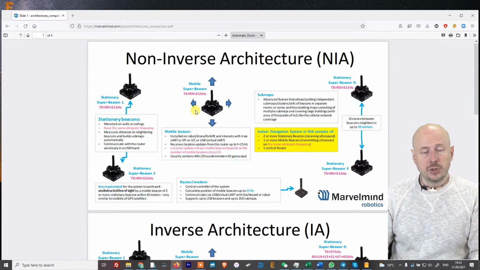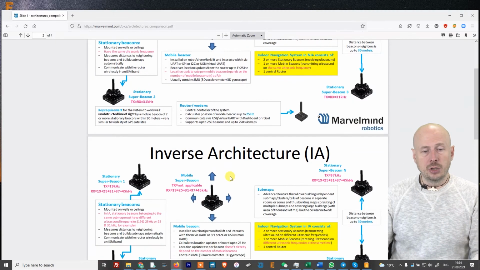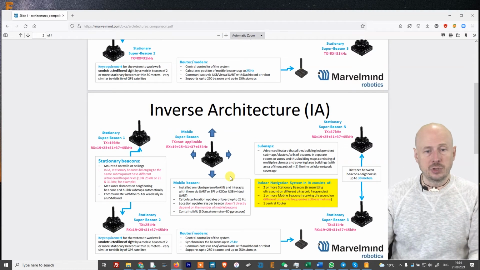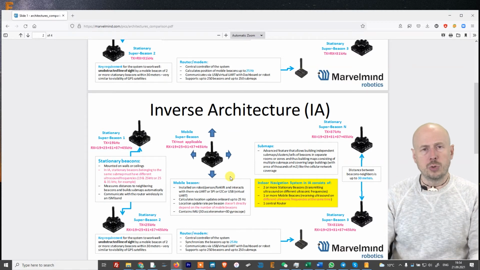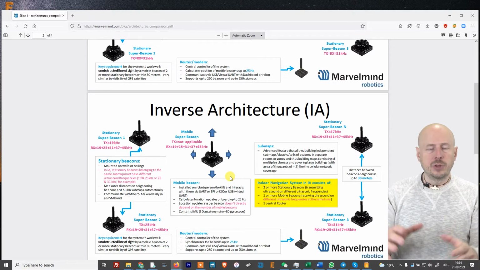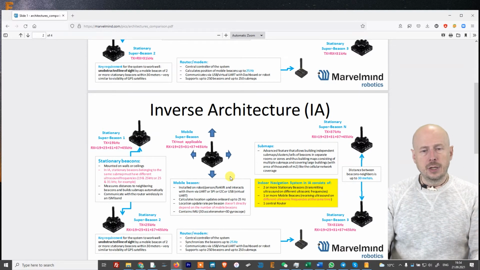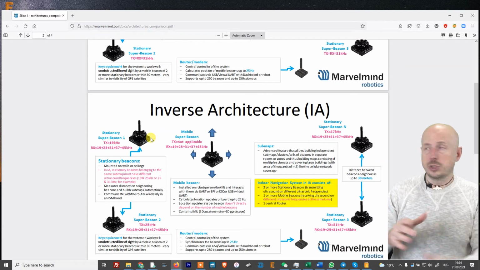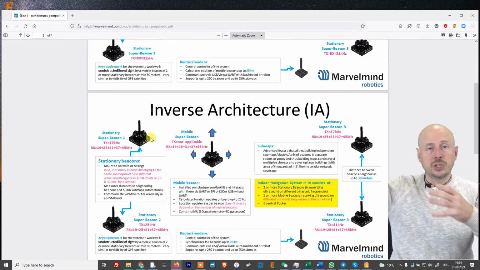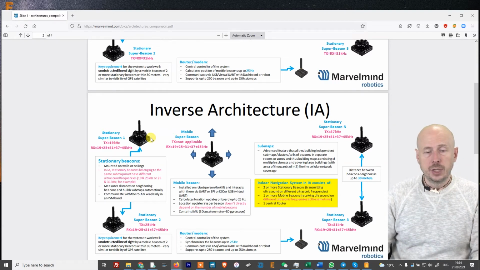In the non-inverse case, you receive only one frequency at a time. In inverse architecture, you receive at least 5 frequencies at a time, and it's very, very difficult to filter. It's very, very difficult to choose which one is which, because they look the same. And when, for example, one of the mobile beacons is very close to one of the stationary beacons, then even a filtered-out wrong frequency can be heard very much like the right frequency, which is far away, because the dynamic range of the filter is also limited.